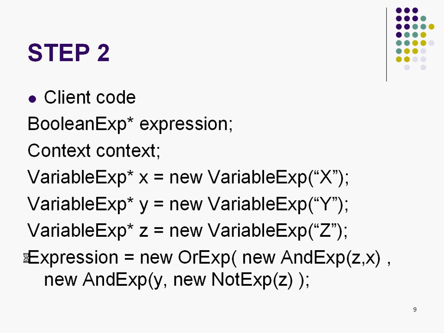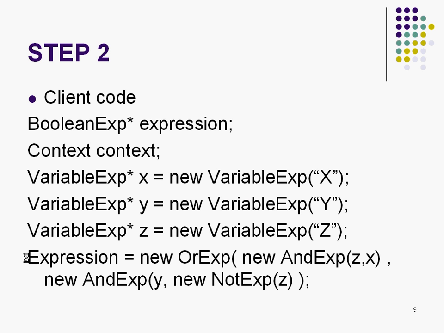And then the last line is this complicated stuff, which means I would create an AND expression object, and this AND expression object takes two pointers, z and x. Note these are small z and small x, not capital X and capital Y. My expressions are capital X, capital Z and capital Y, and these small x, y, z are pointers to the variable exp objects.